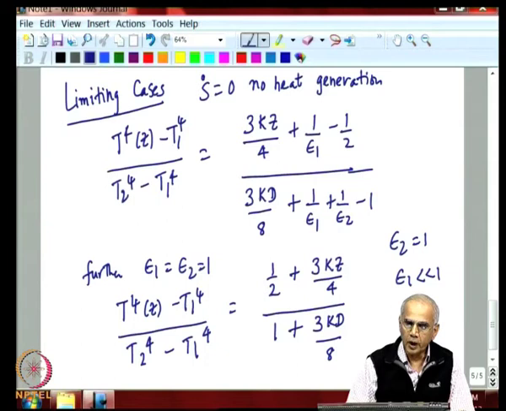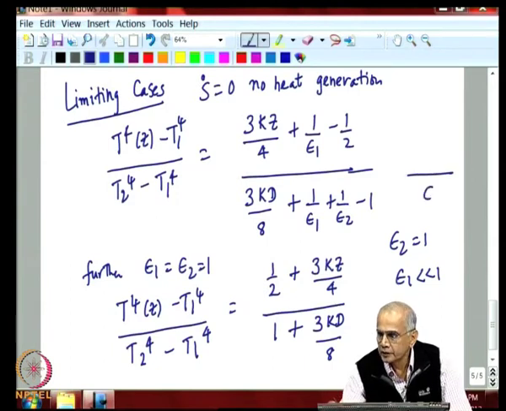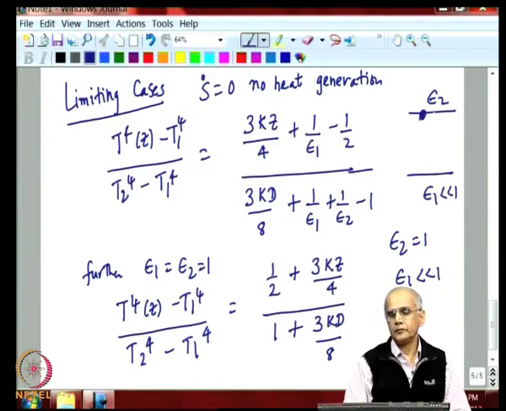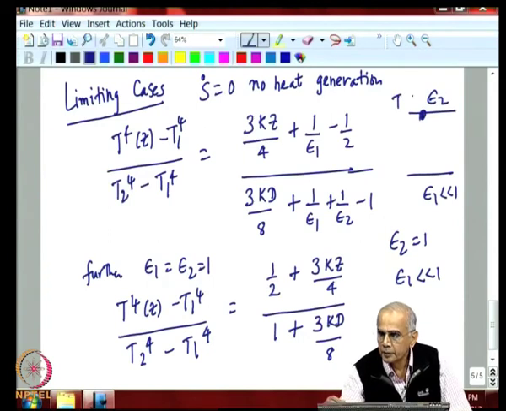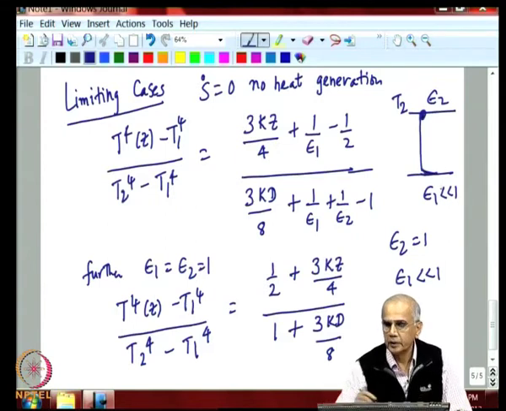So, this quantity will approach 1, which means the temperature everywhere will be equal to T2, and the bottom wall will play no role, because if the bottom wall becomes highly reflective and the top wall is black, the gas is truly radiatively coupled only to the top wall, and so the temperature of the gas will approach T2, and there will be strong decoupling at the bottom.